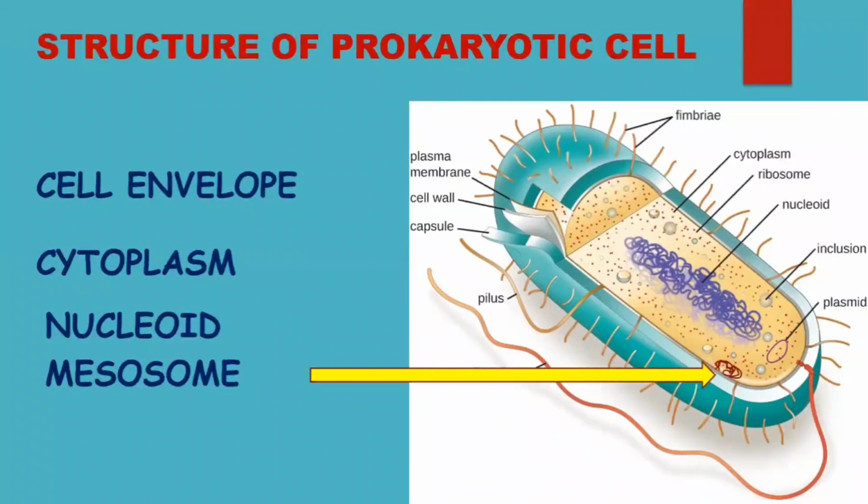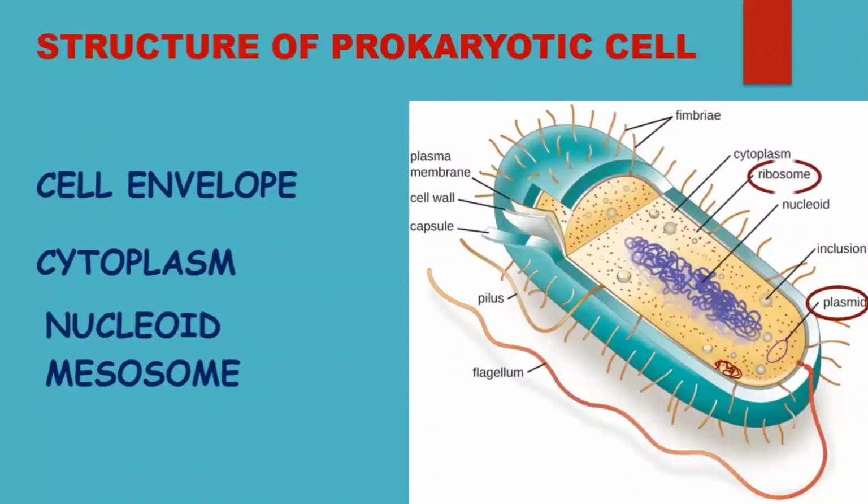This word I have already used. That's called mesosome. Generally, you find the mesosome at the center. Other than this, we find plasmid. See on the diagram. Ribosomes, cytoplasmic inclusions, fimbriae, pilus, and flagellum. All these structures we have to study. So let's start one by one.